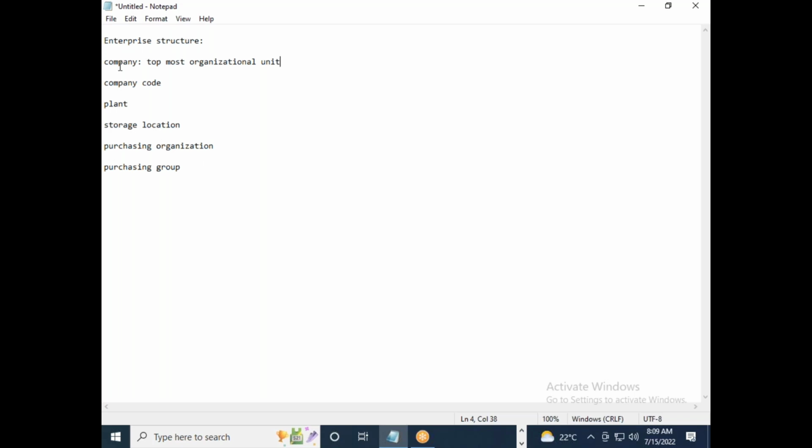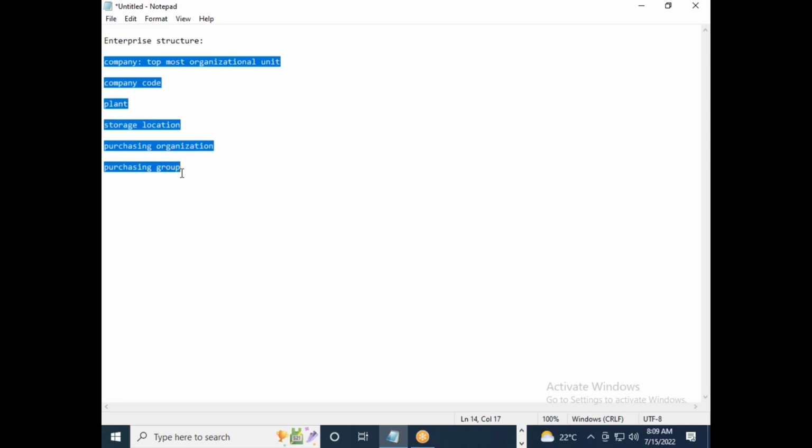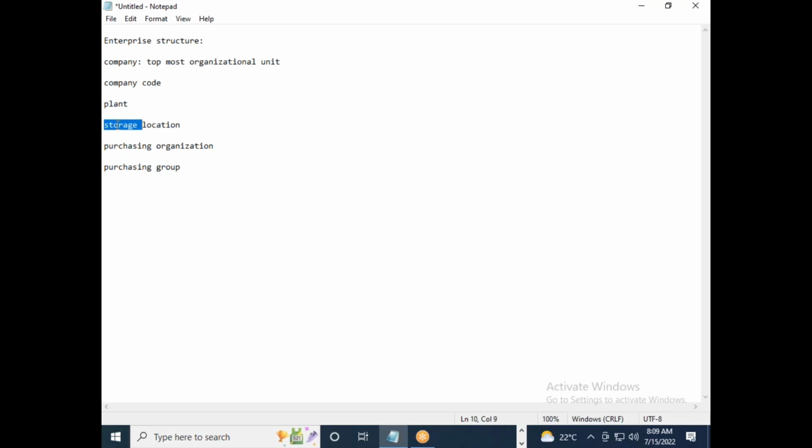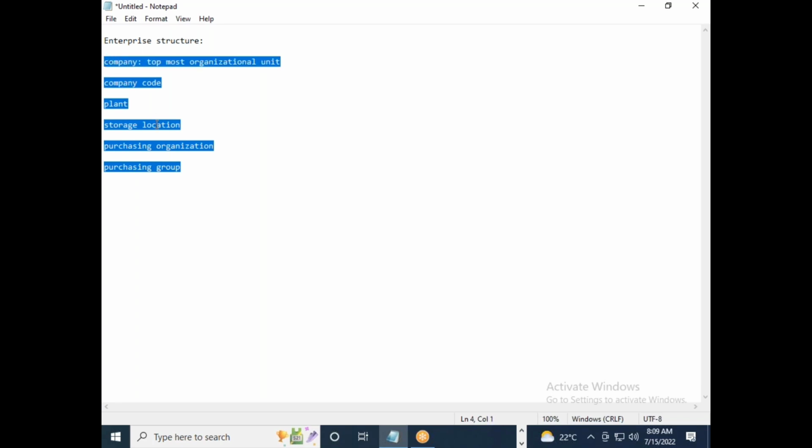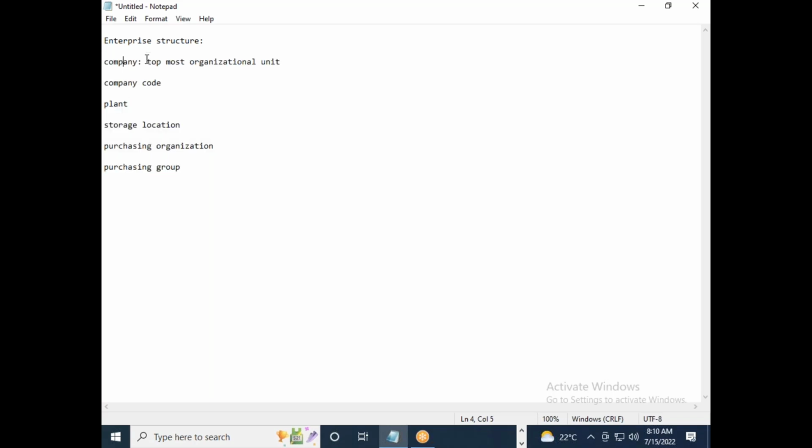Here, each and everything is called an organizational unit: company, company code, plant, storage location, purchasing organization, purchasing group. Since the company is the topmost organizational unit, it is the head. It will be the top for all these organizational units.